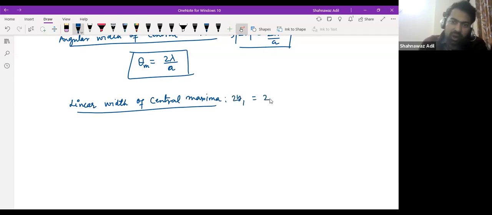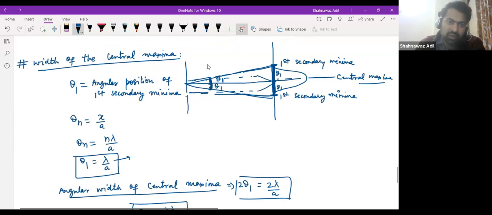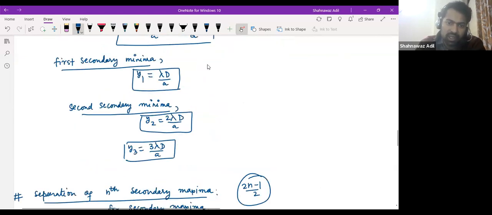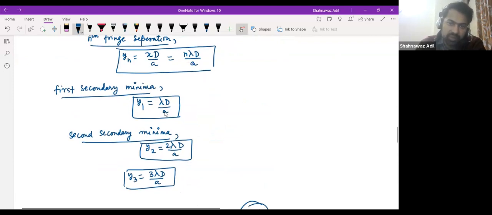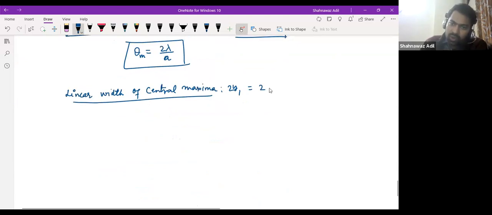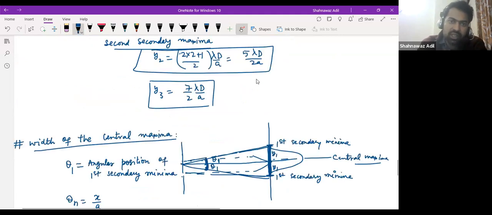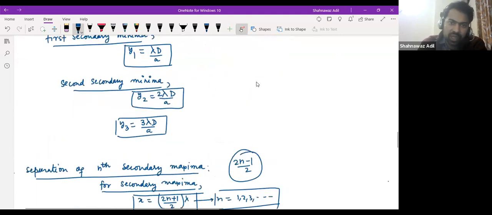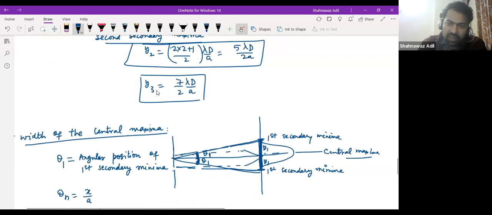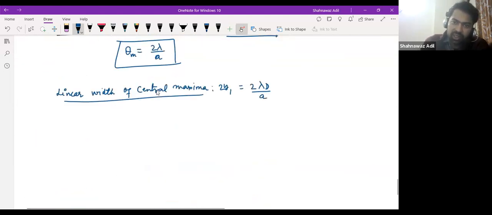And we know y1 we have calculated, and that is lambda d by a. So y1 is lambda d by a, so 2y1 is 2 lambda d by a.